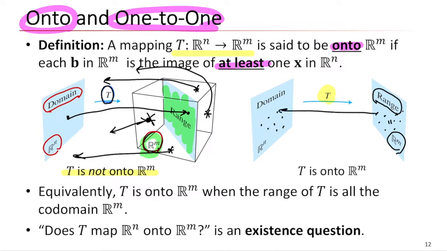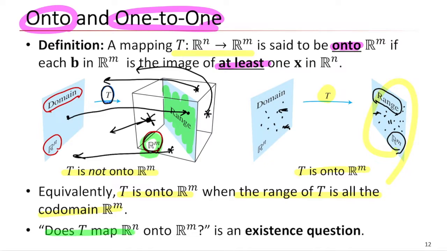It doesn't matter here whether points are mapped one-to-one or not, because that concept will be discussed in the next slide. But here, every possible point in Rm can be derived from the domain, so the transformation T is said to be onto Rm. Equivalently, T is onto Rm when the range of T is the codomain Rm.